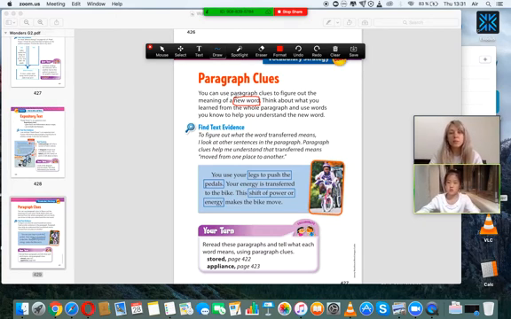Maybe they can explain the meaning of this word. So let's read finding text evidence. Figure out what the word transferred means. I looked at other sentences in the paragraph. Clues help me understand that transferred means moved from one place to another.